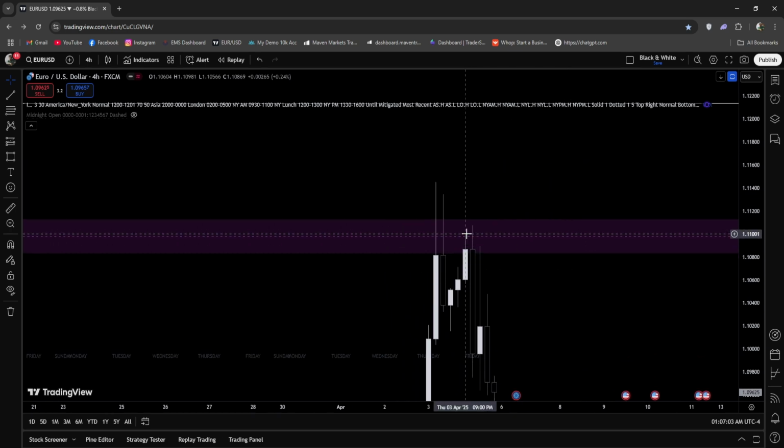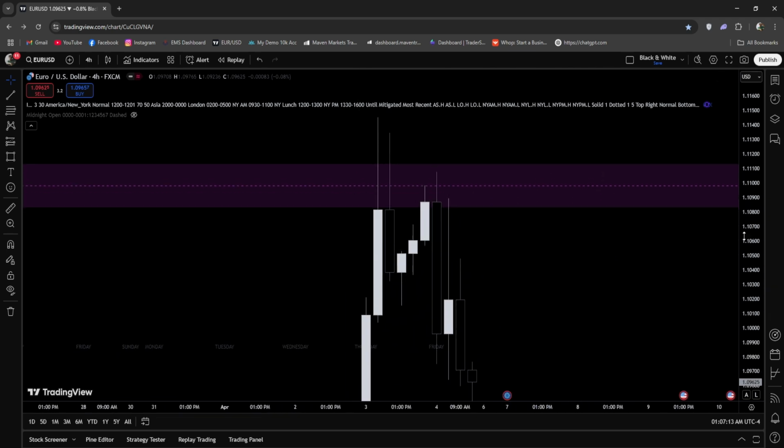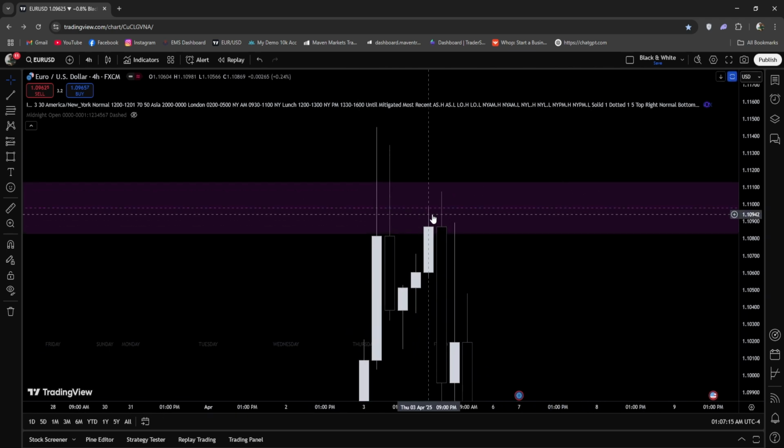Look at the bodies respecting the consequent encroachment. After passing through this fair value gap, the bodies are closing below the fair value gap, right? And the second time, the bodies actually respected the consequent encroachment of that fair value gap.